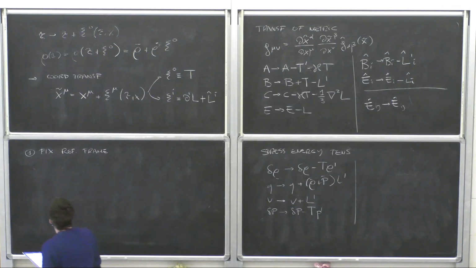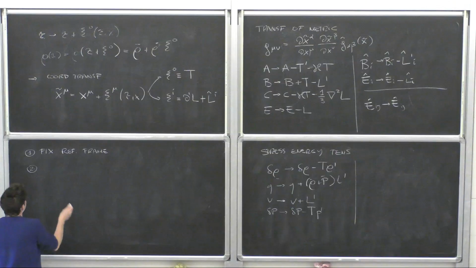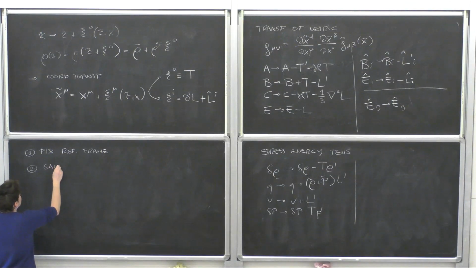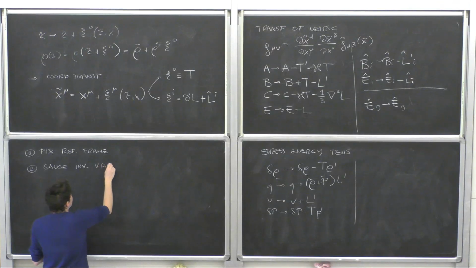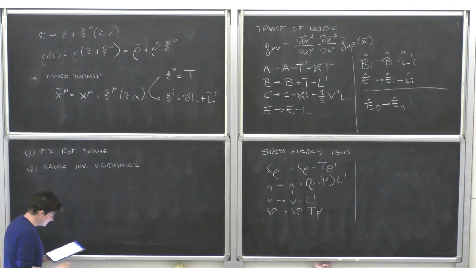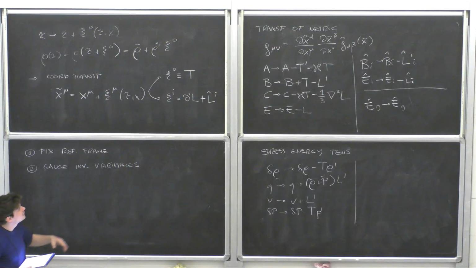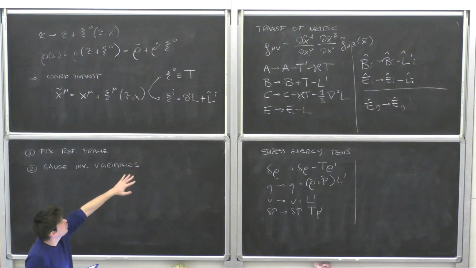Now, the second strategy instead requires looking at gauge invariant variables, which means that we take these transformations and we define combinations of these metric quantities that won't depend on our reference frame. Now, clearly, you see that the same quantities enter many different transformations.